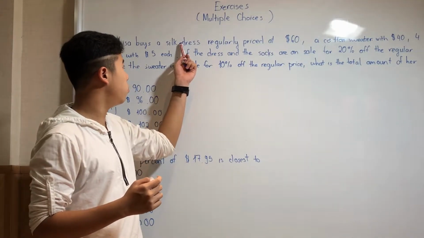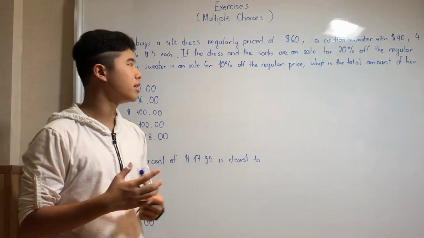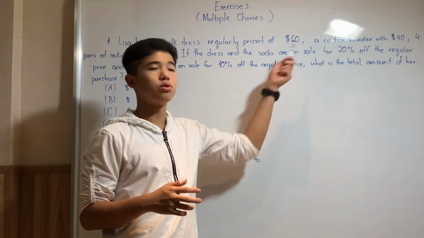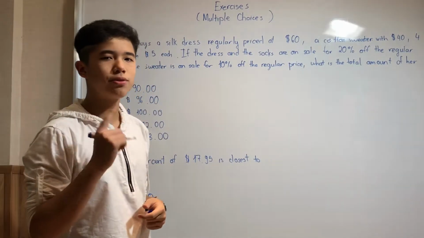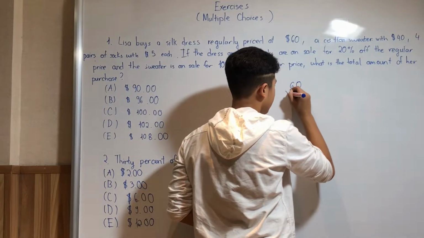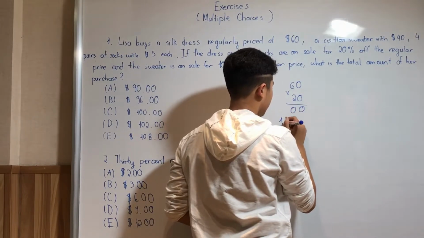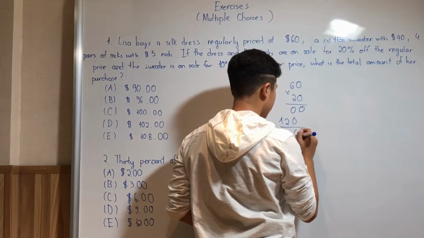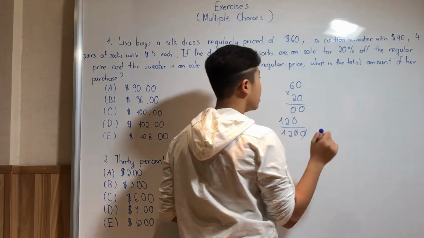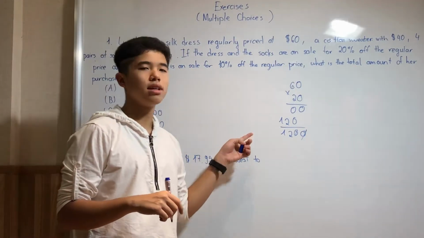First one, let's talk about the silk dress. The silk dress normally is $60, but on sale for 20% off, so we must find 20% of 60. We take 60 times 20, and divided by 100 is 12, so 20% of 60 is 12.